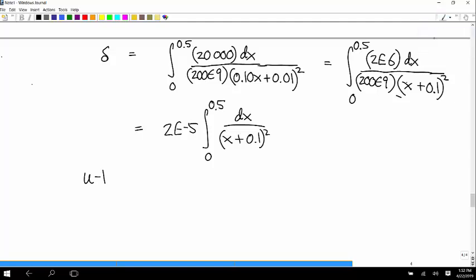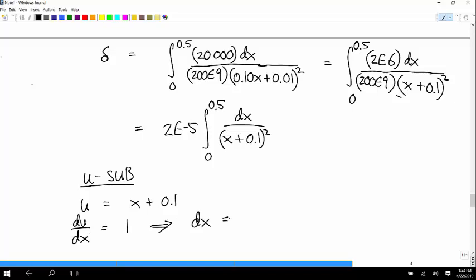I'm going to make u equal to x plus 0.1, then du dx is equal to 1. So dx is equal to du.